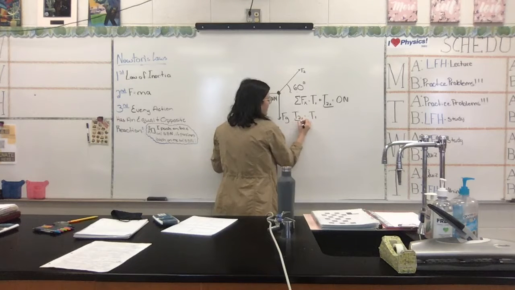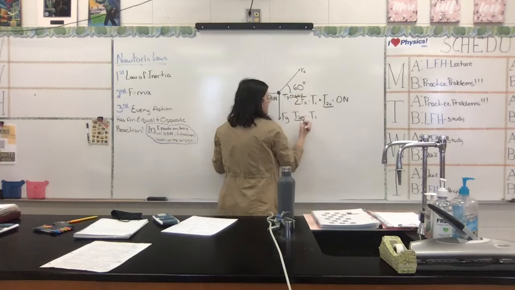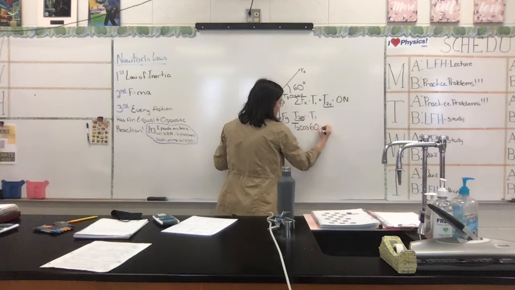Now, what we want to find is tension 2 overall. We don't just want this x component. So we know that the x component would be T2 cosine of 60, so that's what we plug in here. We put T2 cosine of 60 equals negative T1.